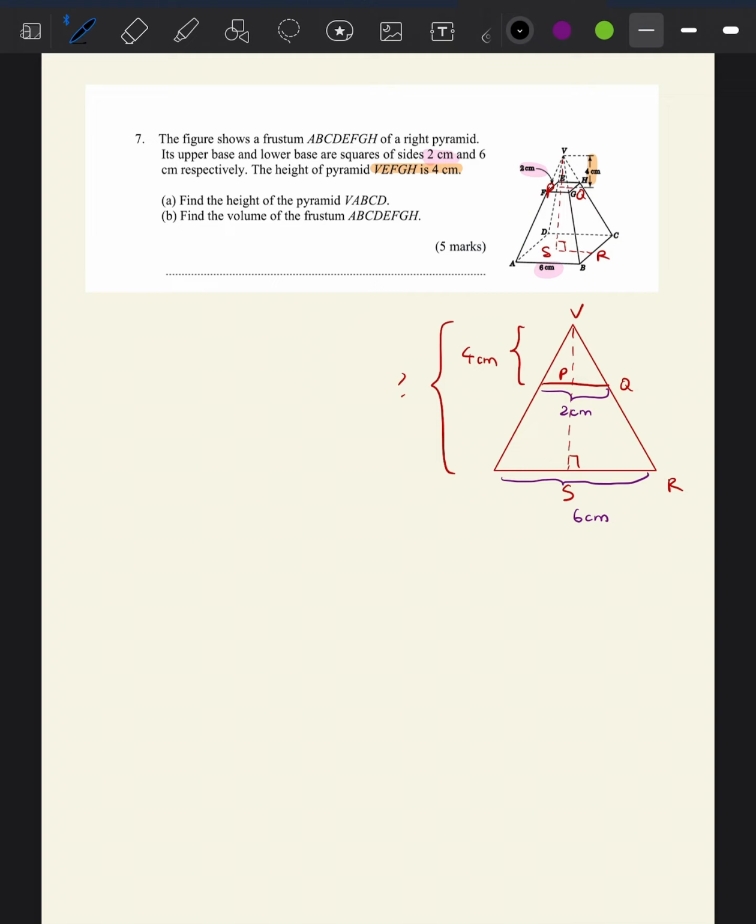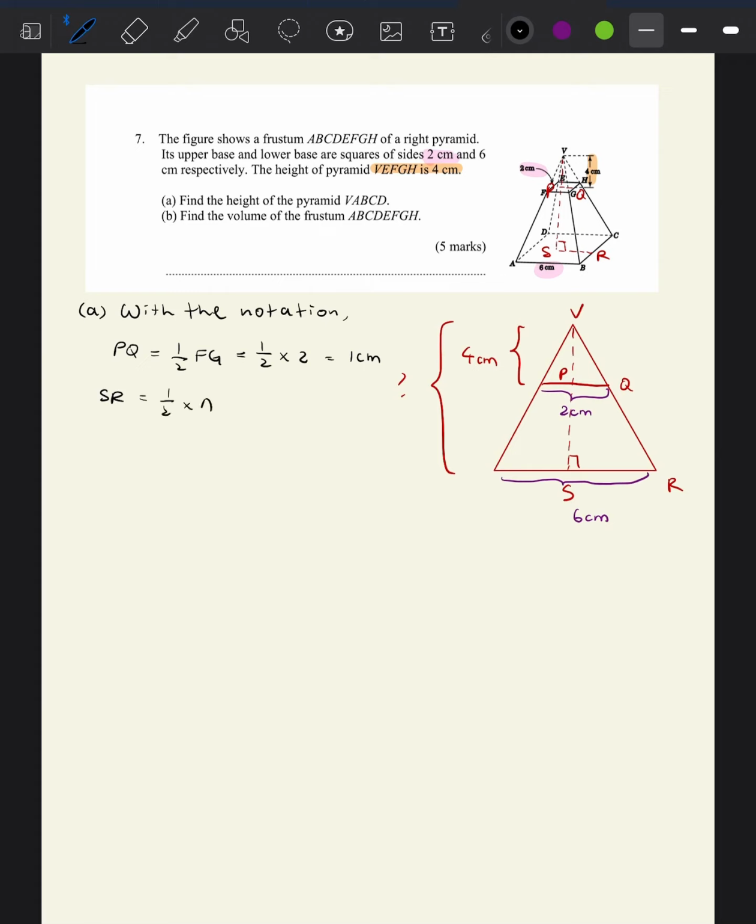So therefore, we can write it out separately first. With the notation, we know that PQ equals half of your FG, and therefore half times 2 cm equals 1 cm.